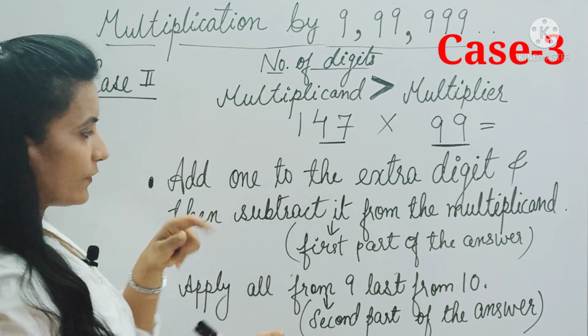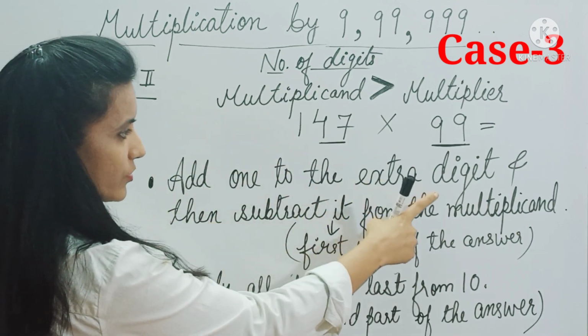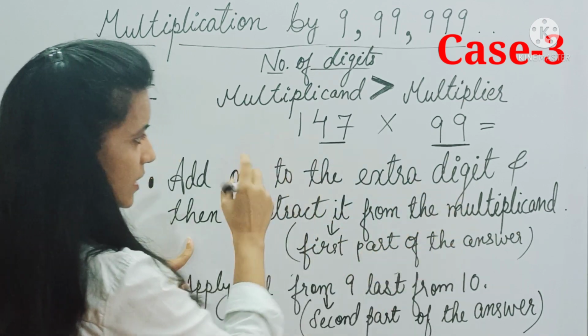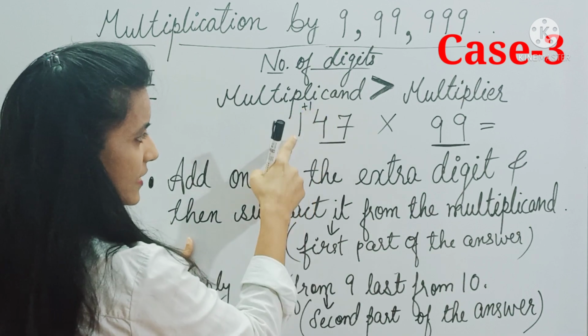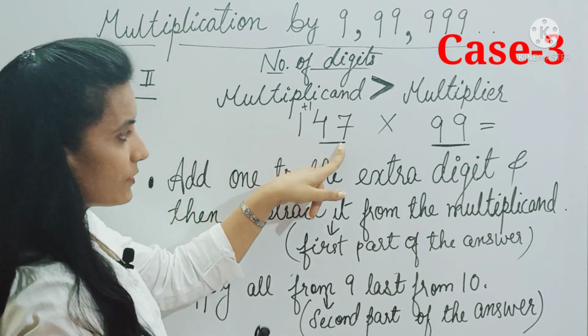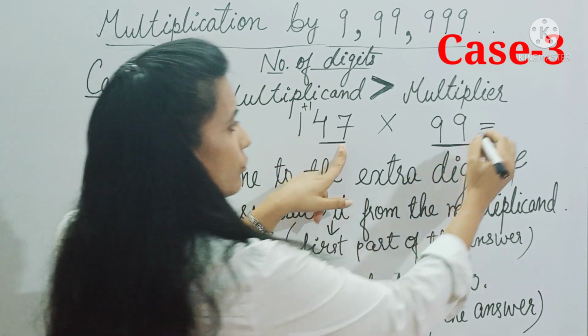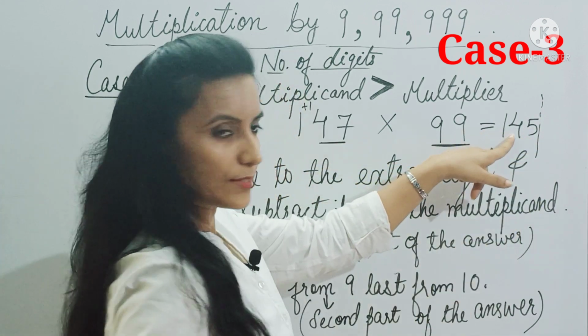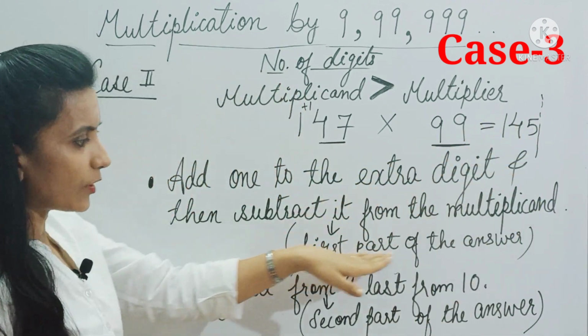Okay, so what you have to do, add 1 to the extra digit and then subtract it from the multiplicand. So add 1 to this extra digit, you get 2. So 147 minus 2 gives you 145. So this is your first part of the answer, right?